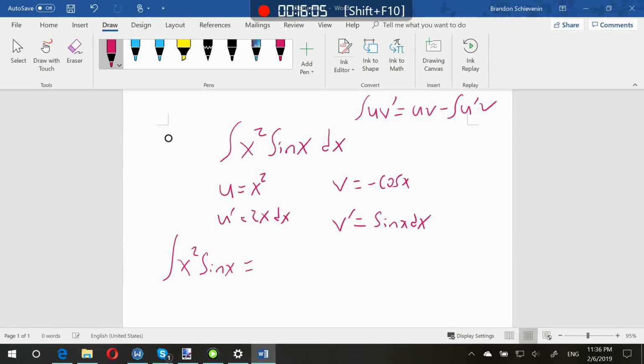Okay, never mind. Integrating x squared sine x should be equal to uv. So that's negative x squared cosine x minus the integral of u prime v, minus 2x times negative cosine x.